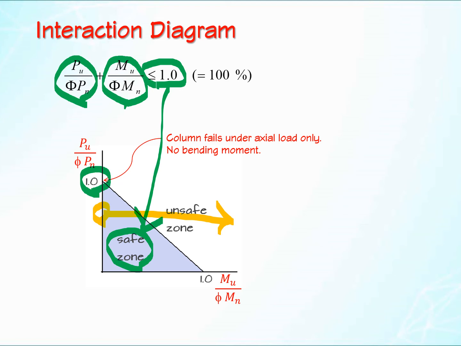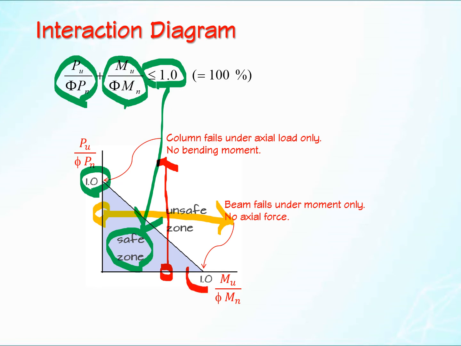And if you move from here to here, then your P value, the actual force value, increases from 0 to its maximum. Okay, please note that. So this point means the column fails without bending moment.